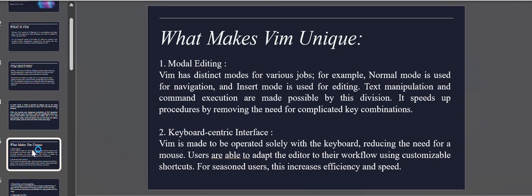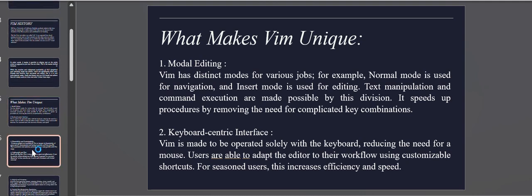It speeds up procedures by removing the need for complicated key combinations. And second one is keyboard-centric interface, reducing the need for a mouse. Users are able to adapt the editor to their workflow using customizable shortcuts. For seasoned users, this increases efficiency and speed.